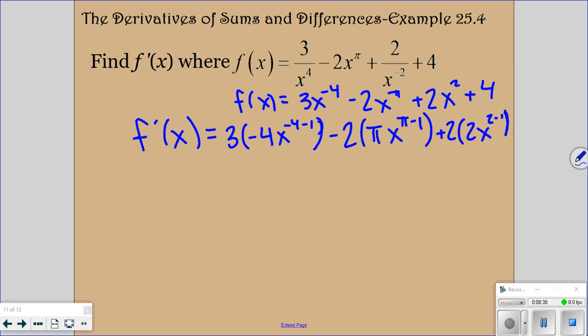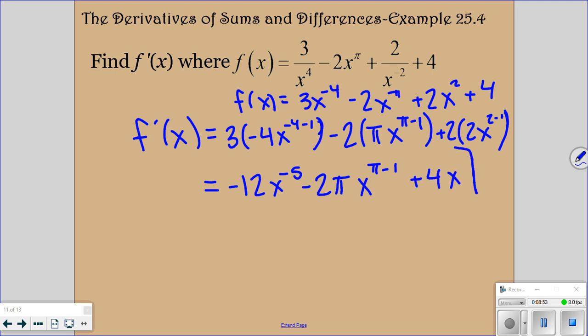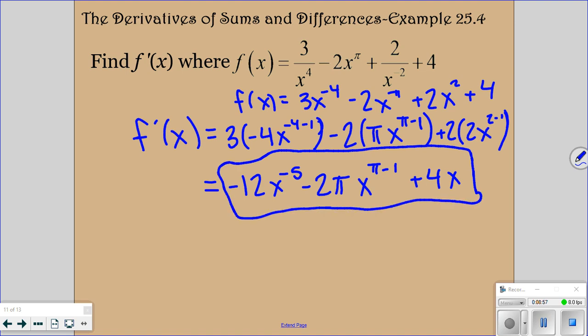And then the derivative of 4 is 0, so we don't have to write that. So then you're just going to simplify. You're going to have negative 12x to the negative 5 minus 2 pi x to the pi minus 1, and then plus 4x to the first power. And so that would be your answer for that one.